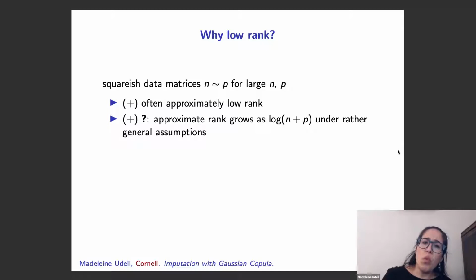So one nice thing, oh gosh, this does not have the references in it.